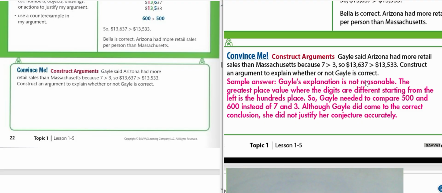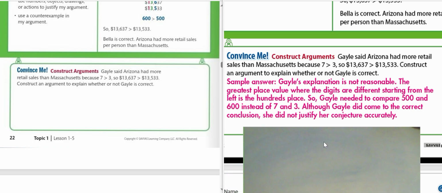Then it is not correct. The greatest place value where the digits are different, starting from the left, is the hundreds place, so we needed to compare 500 and 600 instead of 7 and 3. Although Julie did come to the correct conclusion, she didn't justify her conjecture accurately.